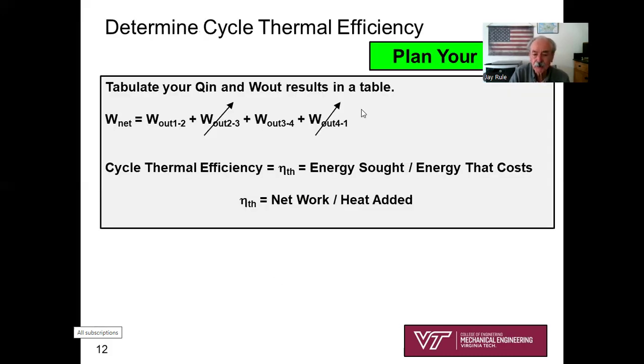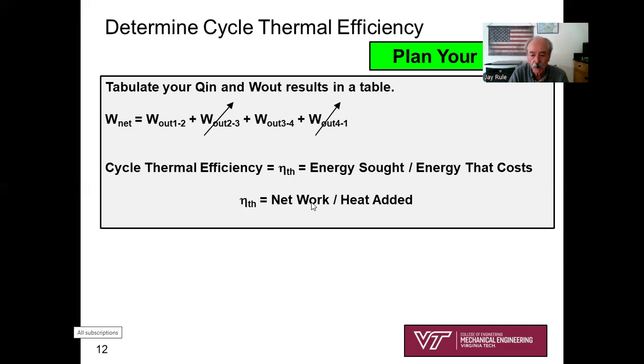Okay, the thermal efficiency, I'm going to breeze over this slide. The thermal efficiency that you will learn more about in chapter 5 is defined as the energy sought over the energy that costs, which is the standard definition. Don't worry about that. The Greek letter eta is the subscript for thermal efficiency.